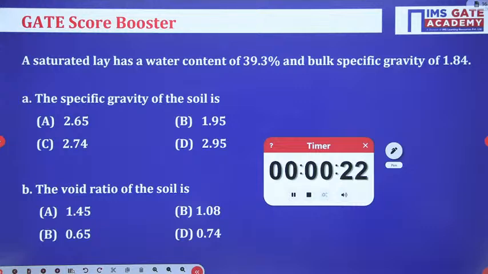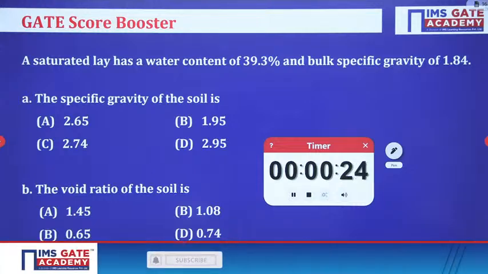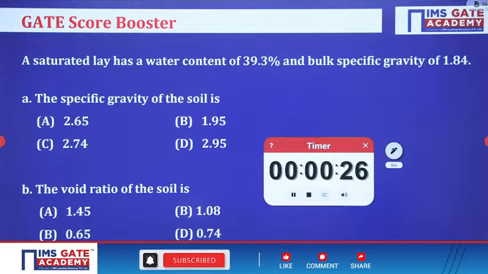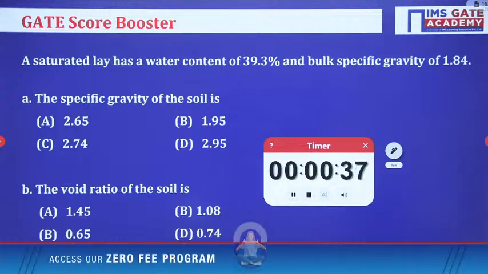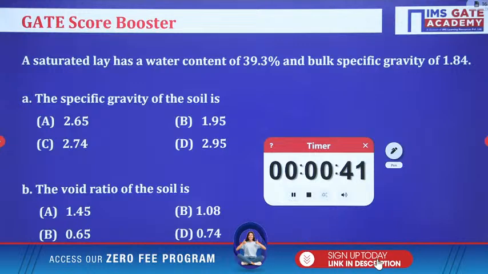The specific gravity of the soil is and the void ratio of the soil is. Sir, they have given the given data. Try to read the question and try to solve the problem.